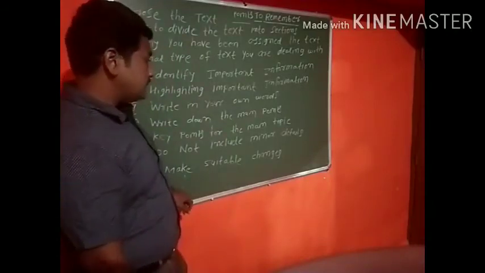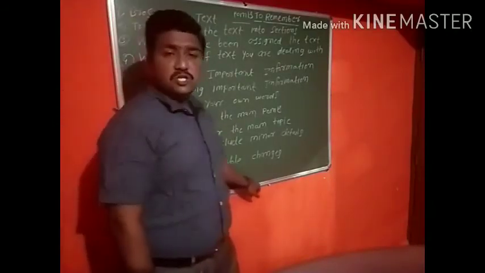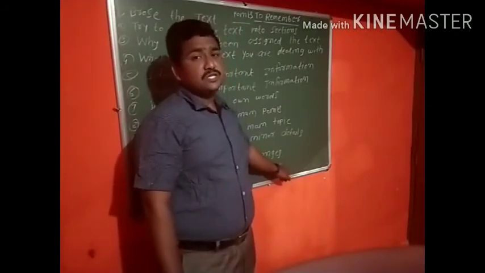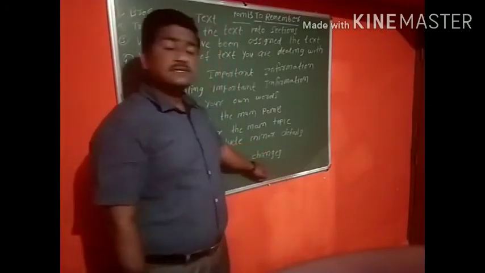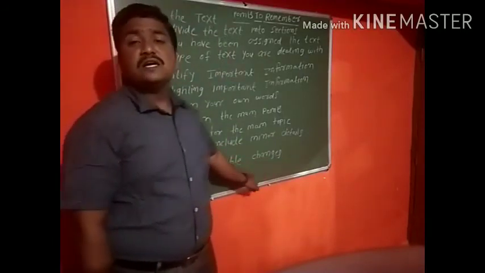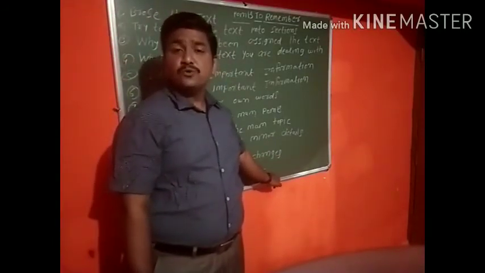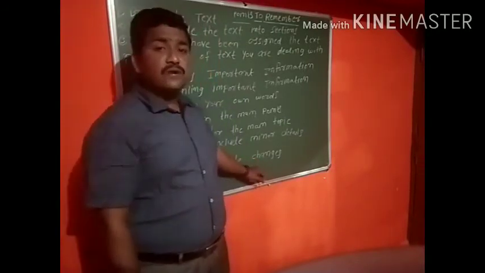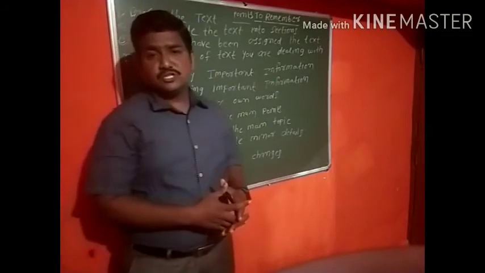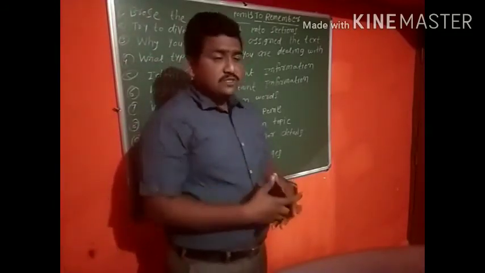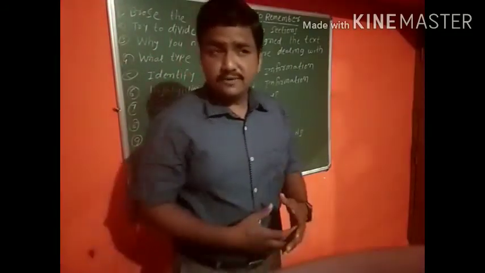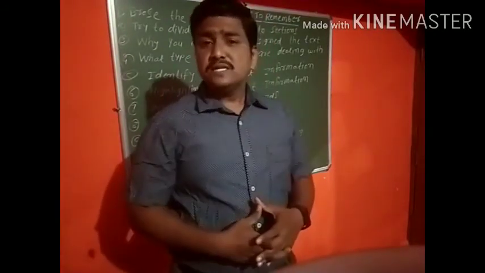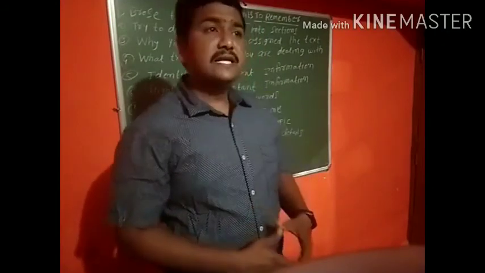And then the last is to make suitable changes, because without making changes in the sentence constructions, we could not write down the summary. So we have to make suitable changes, and use more linking words like and, but, and other words when writing the summary.